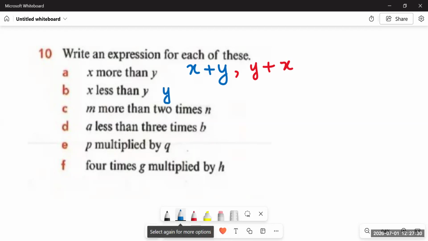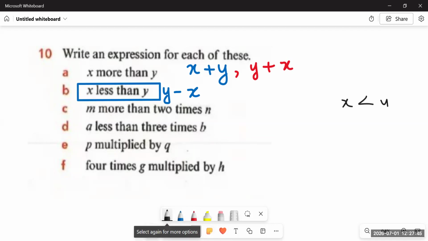Do not make a mistake in this one. It's not x minus y. It will always be y minus x if the expression says x less than y, because we can subtract a smaller number from a greater number, not a greater number from a smaller. Then m more than 2 times n. Okay, fine.